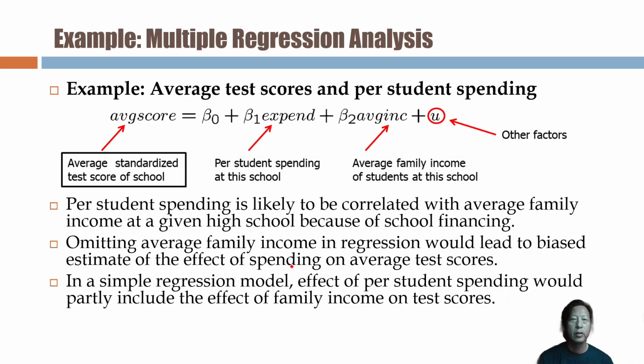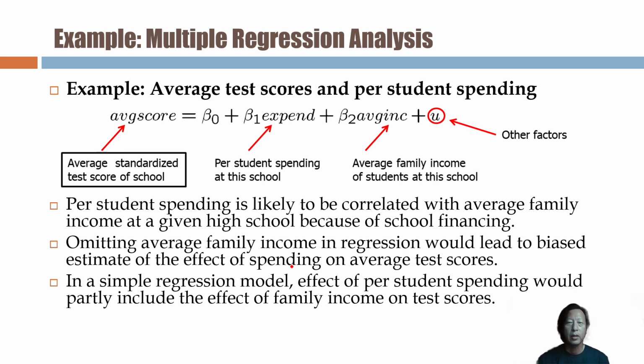Okay, this is another example: average test score and per student spending. The average score is beta 0, which is the intercept, plus beta 1 times the per student spending at this school. So the school spends money per student.